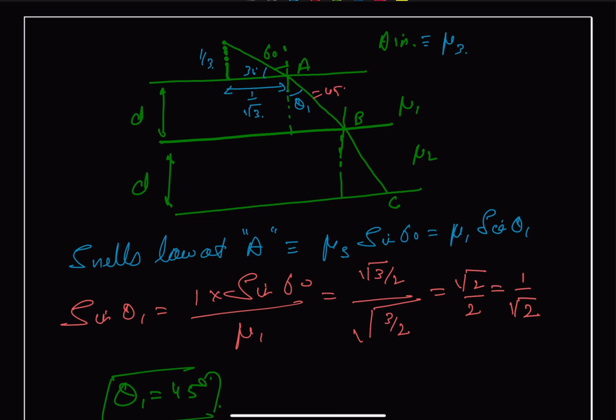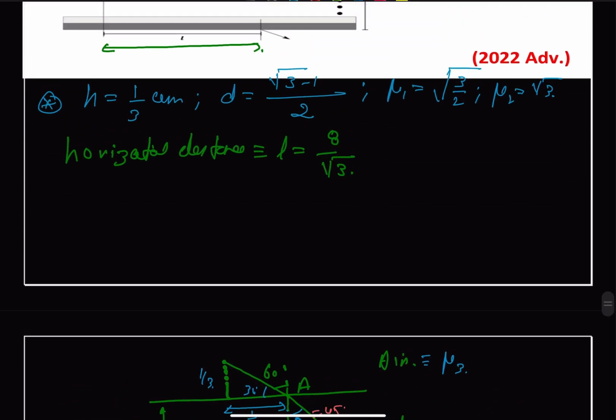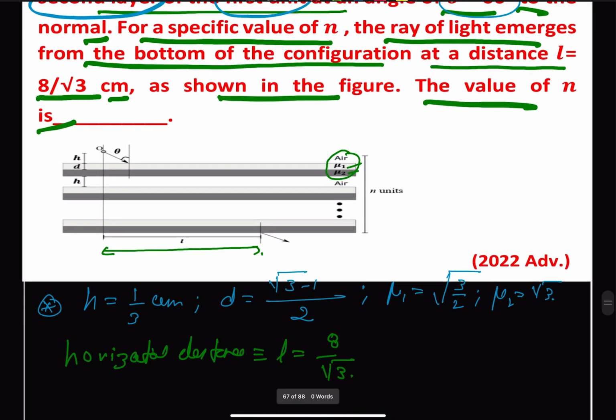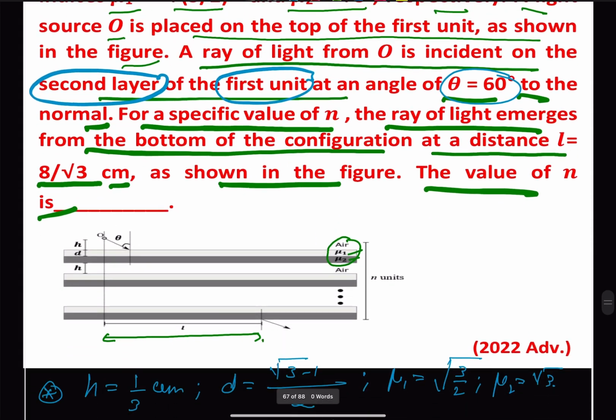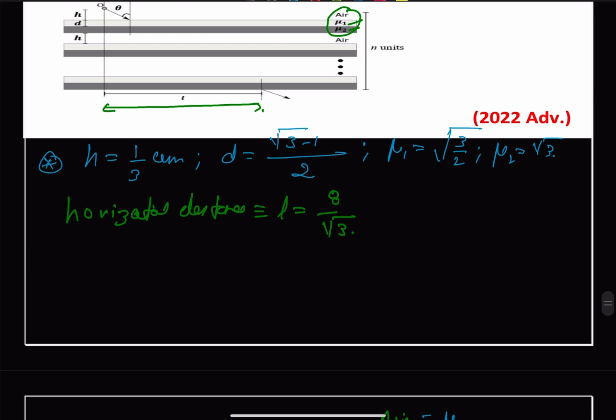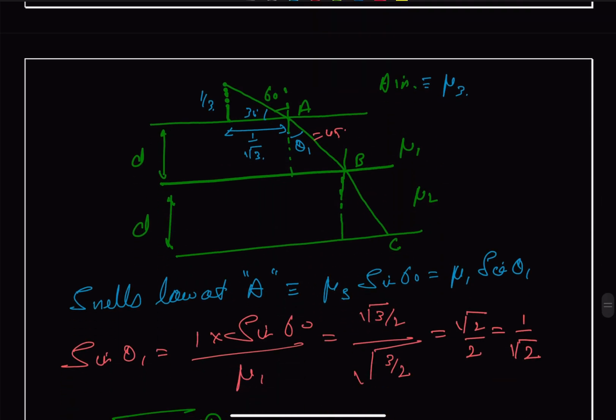And d is given to us as square root of 3. So this square root is only with 3, not with 1. And d is given, so we can easily find out this distance now.